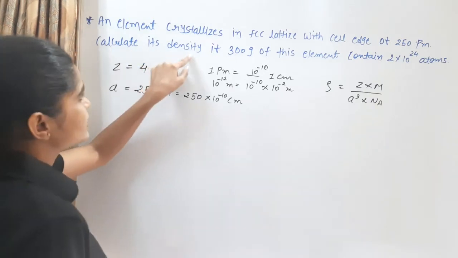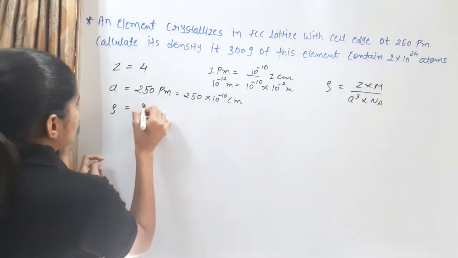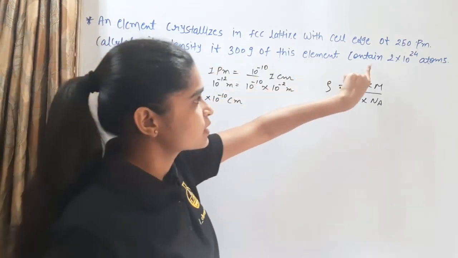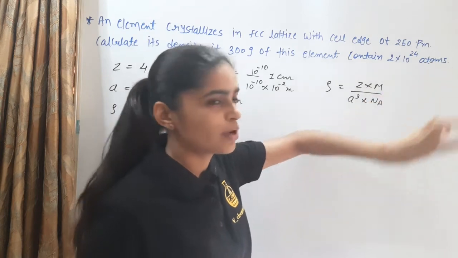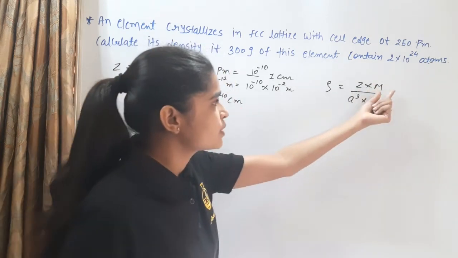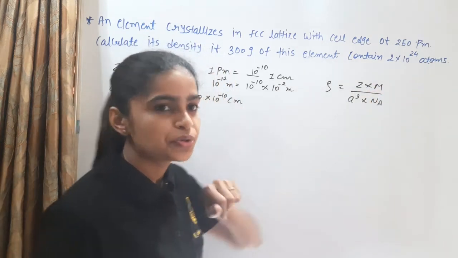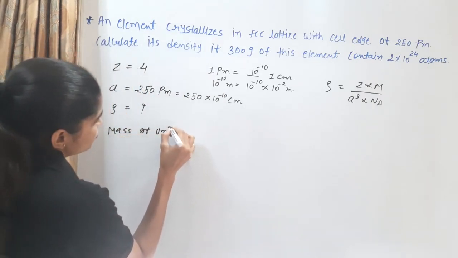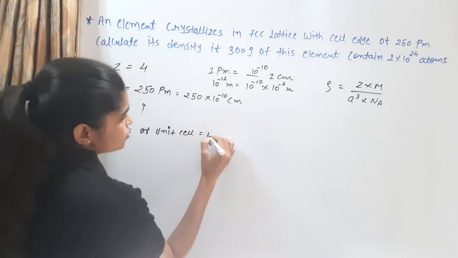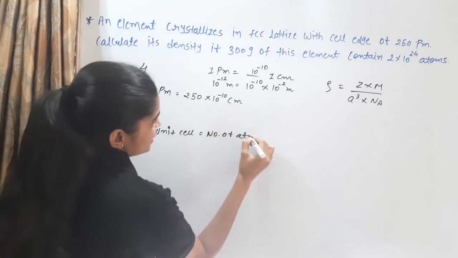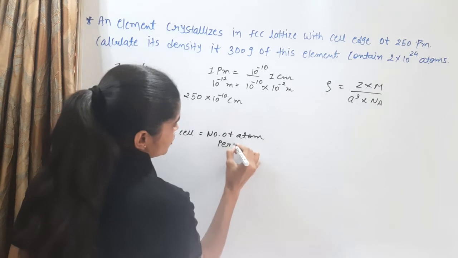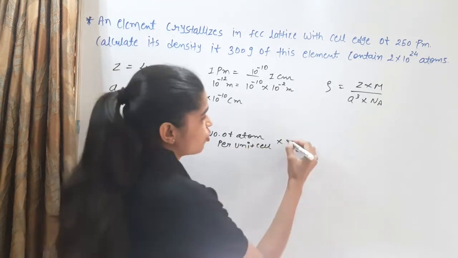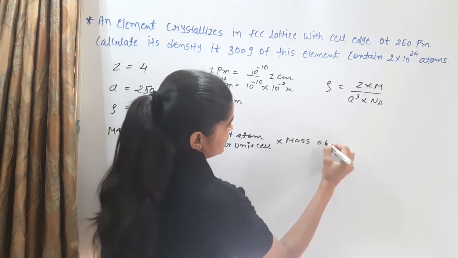Then calculate its density, if 300 gram of this element contains 2 into 10 raised to 24 atoms. First we need the mass M, the mass of the unit cell. Mass of the unit cell is equal to the number of atoms present per unit cell into the mass of each atom.